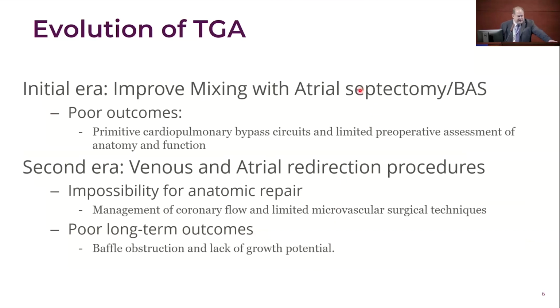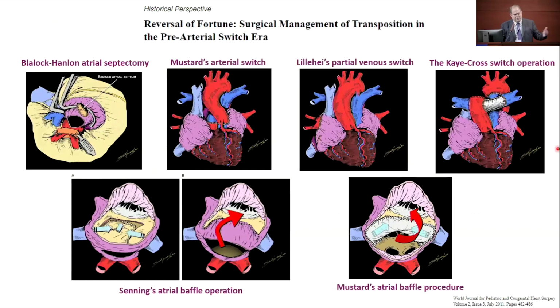In the initial era, we considered the atrial septectomy, and the second era is the baffles like Senning and Mustard, where the outcomes were not that great at that time, but the evolution of pediatric heart surgery was also completely different. In these slides you can see the Blalock-Hanlon, which was an off-pump procedure.